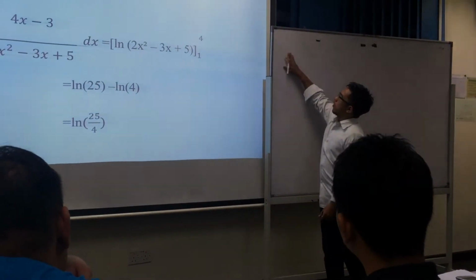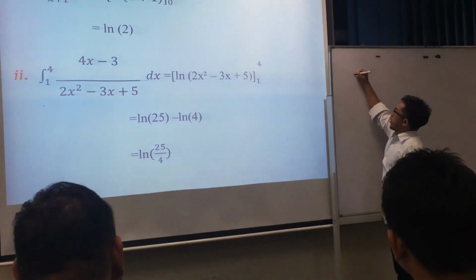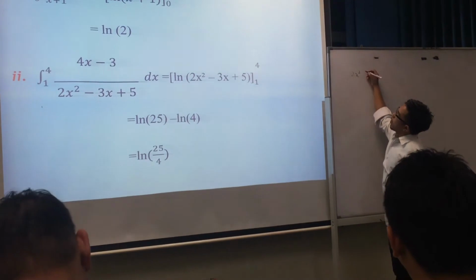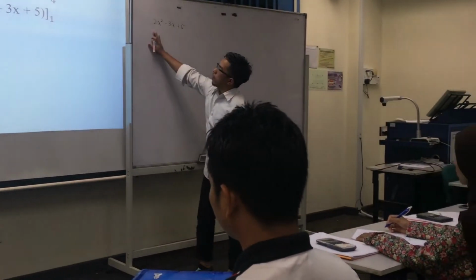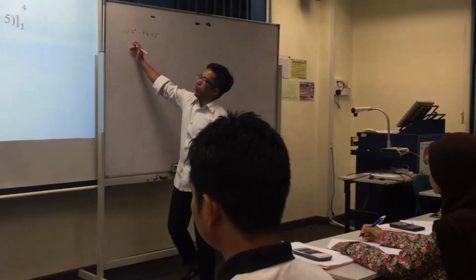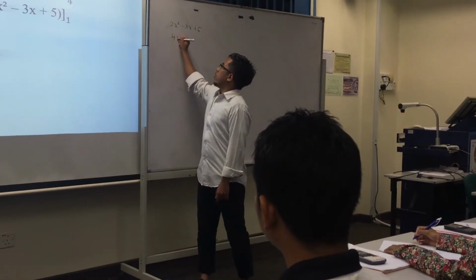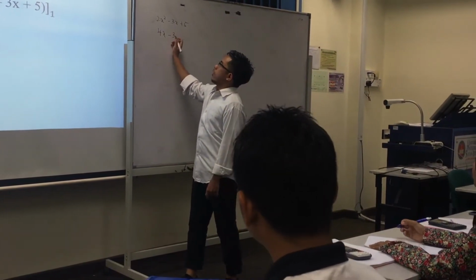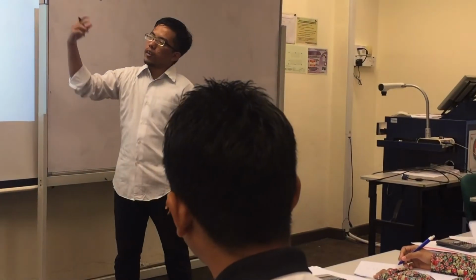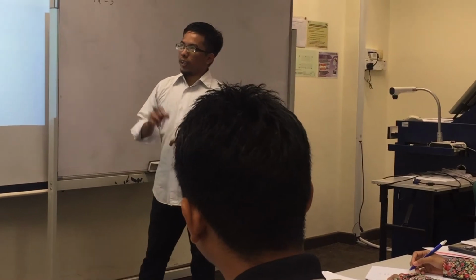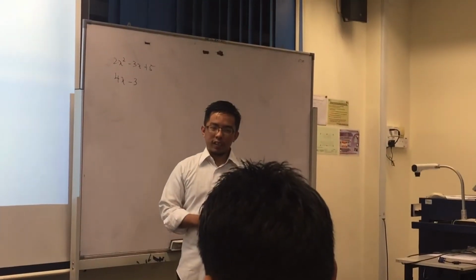Okay, so how to ensure that? We have to first differentiate the denominator. Differentiate this, and we will get 4x minus 3. Okay, so it is shown that the numerator is the derivative of the denominator.